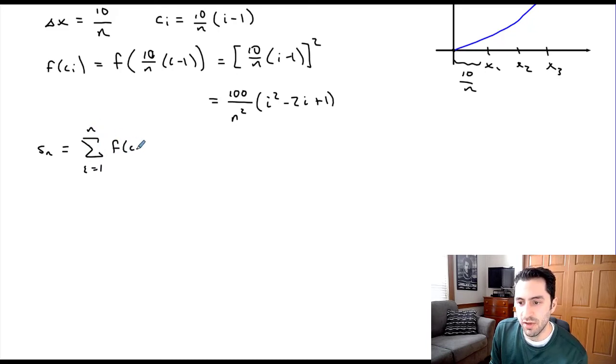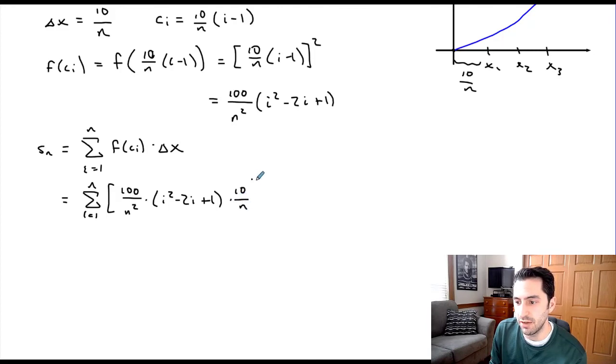And we have f of c sub I, this represents the height of each rectangle, times delta x, which represents the width of each rectangle. So if I plug in what we already figured out, f of c sub I is 100 over n squared times I squared minus 2I plus 1. And then this is all being multiplied by the change in x, which is 10 over n.